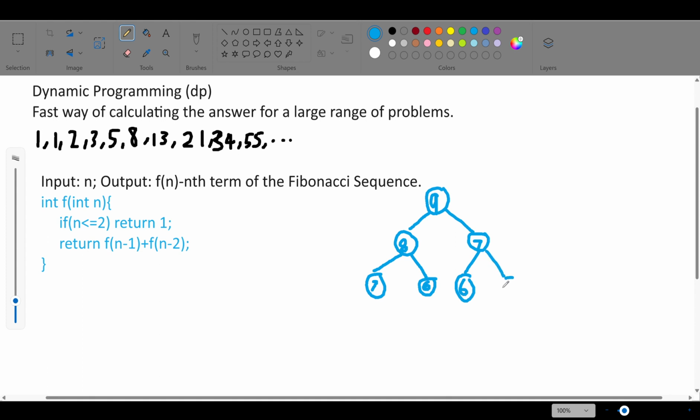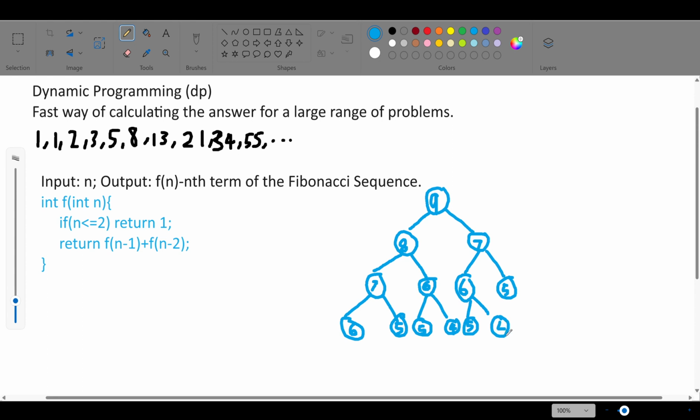Then we also split the function n equals 7 up into n equals 6 and n equals 5. Once again, we split the n equals 7 up into n equals 6 and n equals 5. We split the function 6 up into n equals 5 and n equals 4. We do the same thing here for the function 6.